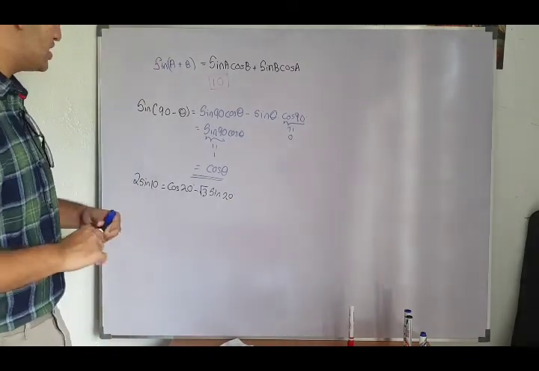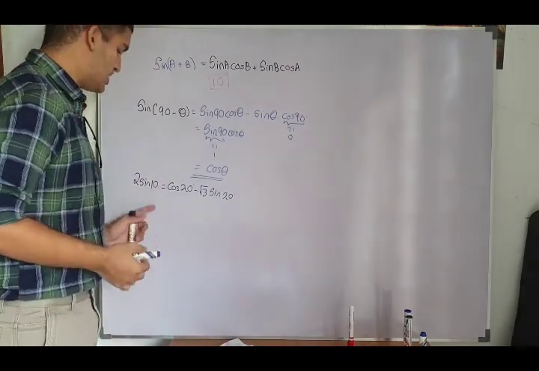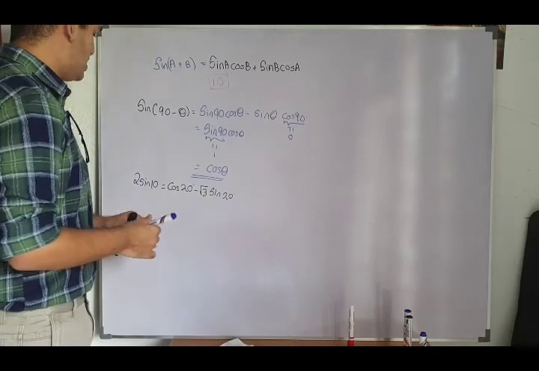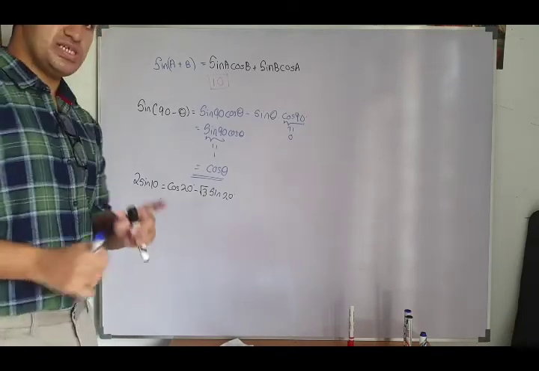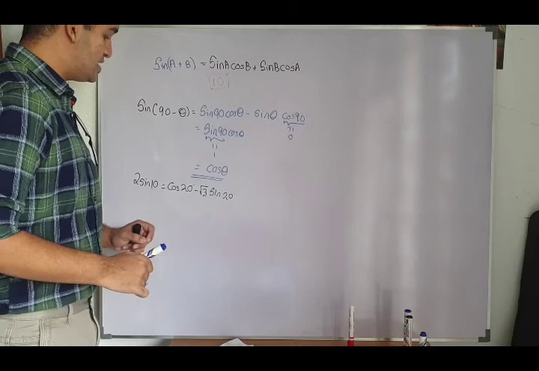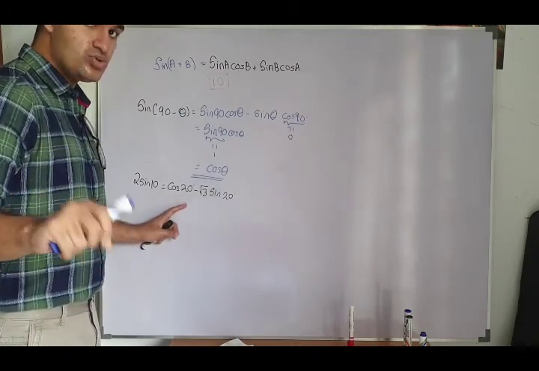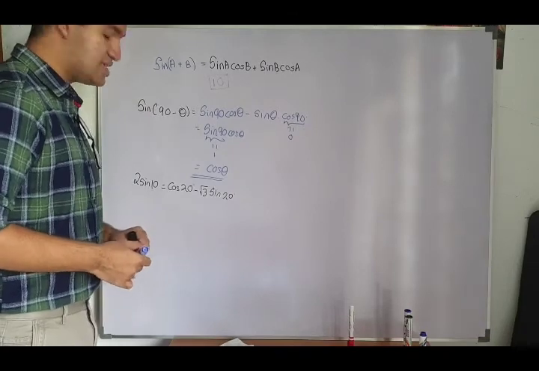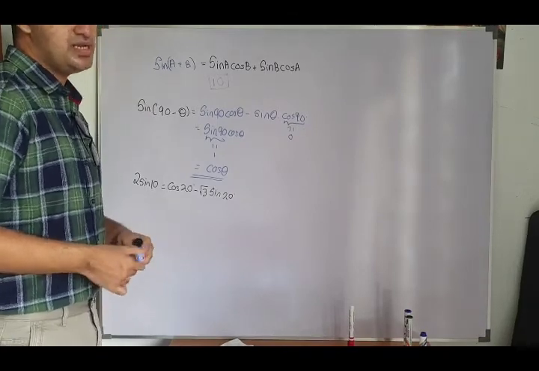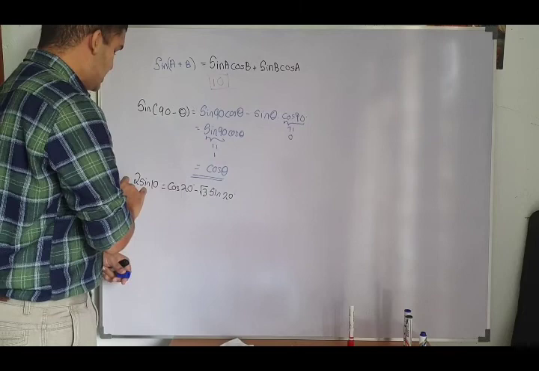So here we have to work with 2 sin 10. When you see 2 sin 10, you should be able to understand that there is a relation to 30 and 20, right? So therefore 30 minus 20 we can say is 10. We can obtain the answer that way.